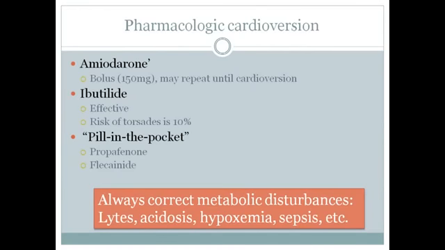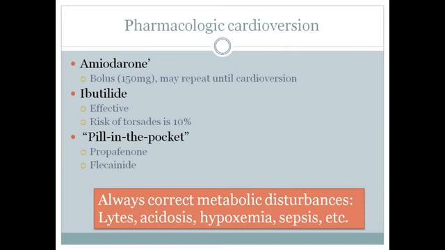And the pill in the pocket is for outpatients. It can be used here, yes, but usually as an outpatient, usually in low-burden atrial fibrillation, no structural heart disease, younger patients who just have atrial fibrillation that is paroxysmal and highly symptomatic. They carry the pill in the pocket.